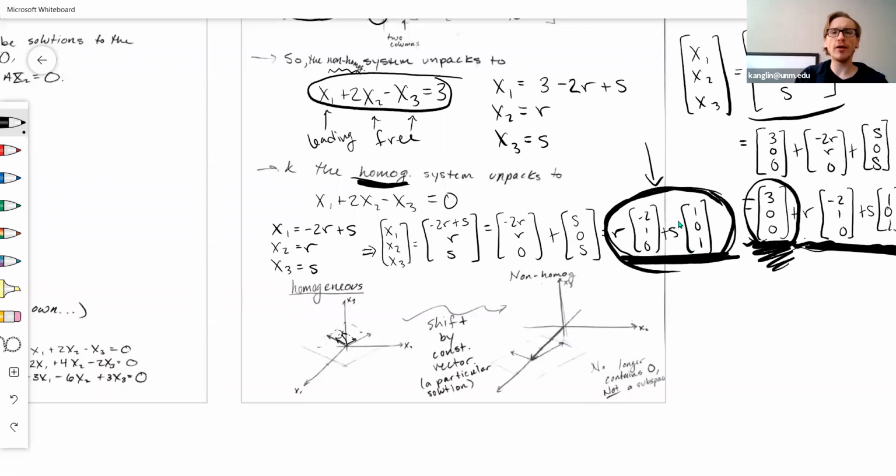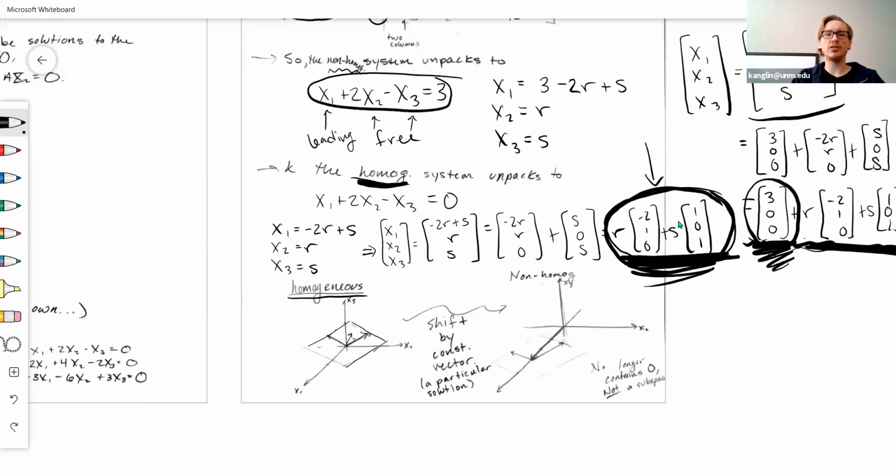You'll still be somewhere in this plane that's swept out by those two original vectors, negative 2, 1, 0 and 1, 0, 1. So we're thinking that the solutions in this homogeneous system, in this particular case, form this plane, right? They're all just linear combinations of these guys, but linear combinations of two vectors will just sweep out a plane in 3D space.